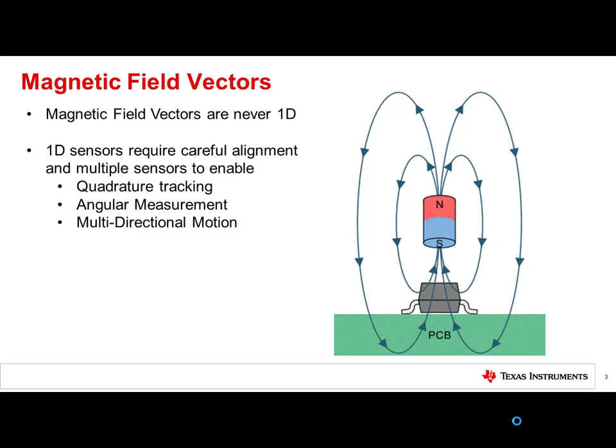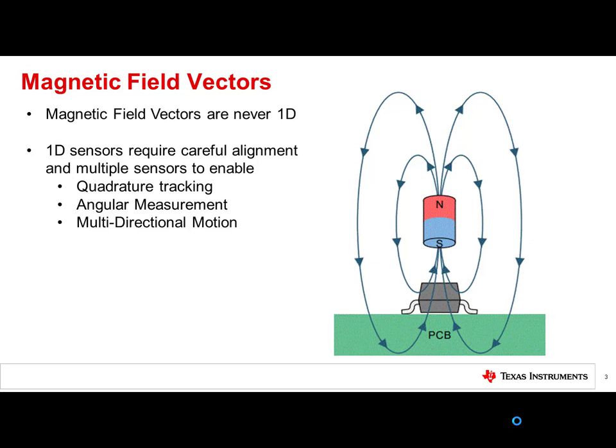Since we cannot visually observe magnetic fields, it can sometimes be difficult to imagine the directionality of a magnetic field vector. Here we can see a two-dimensional slice of the field produced by a cylindrical magnet. Notice that along any of the represented field lines, the direction of the field vector curves and will vary both positive and negative for each axis represented.